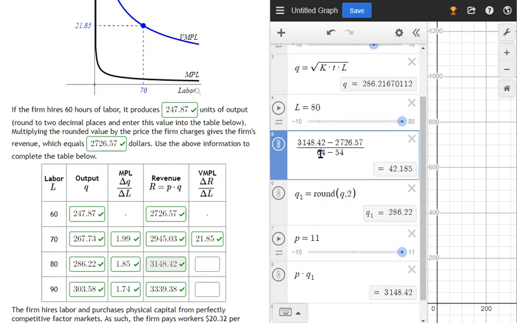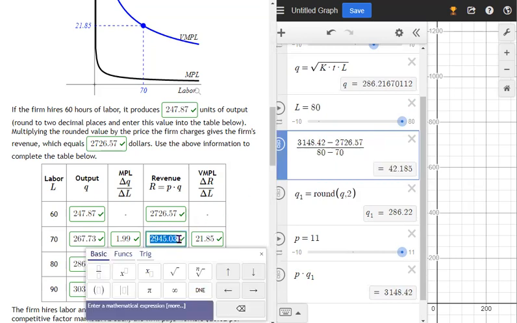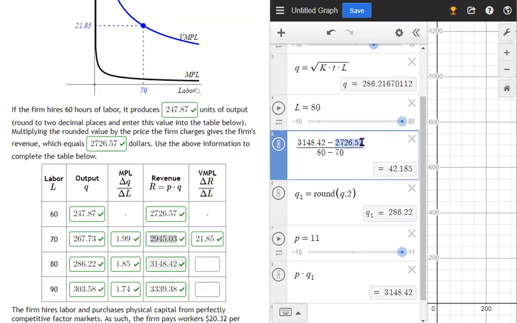When labor is 80 hours, revenue is $3,148.42. When labor is 70 hours, revenue is $2,945.03, right? So this is the revenue when firms demand 70 hours of labor.